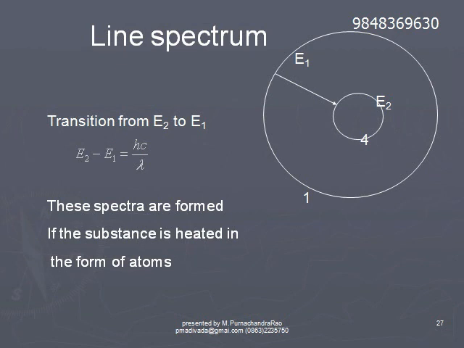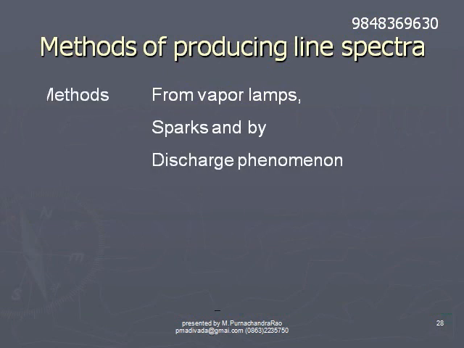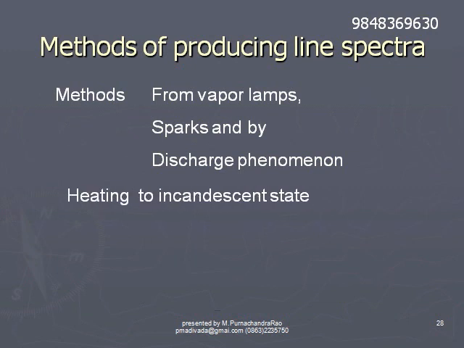Line spectra are formed if the substance is heated in the form of atoms. If the substance can be divided into atoms and heated, then line spectra will be formed. Generally, line spectra are produced from vapor lamps, sparks, and discharge phenomena.